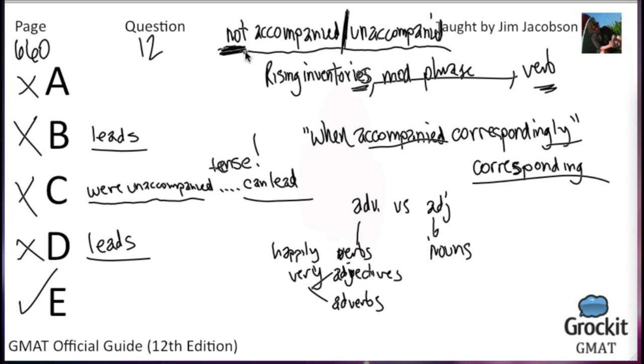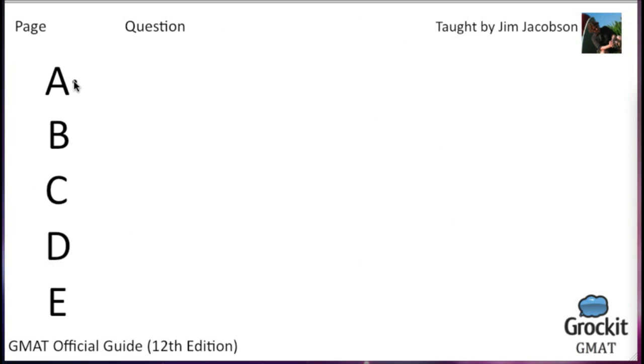But just be aware that they have this idea that sometimes if you really want to emphasize that something is not something, they want not as a separate word. In real life, though, unaccompanied would be the better word, unless you were going to capitalize the word not to really emphasize it. Anyway, still page 660, number 13.